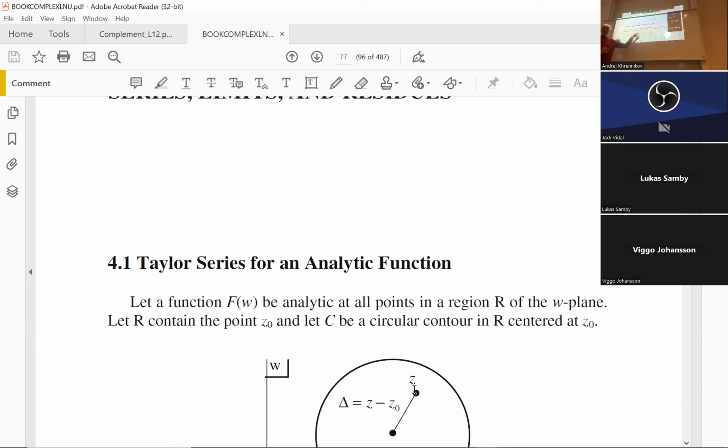You have this function in the denominator, 1 over w minus z. In your usual analysis course, you were able to expand it into a power series with respect to z. Somewhere you remember that this function is w minus z in the degree minus 1. Did you consider the Taylor series for such a function?